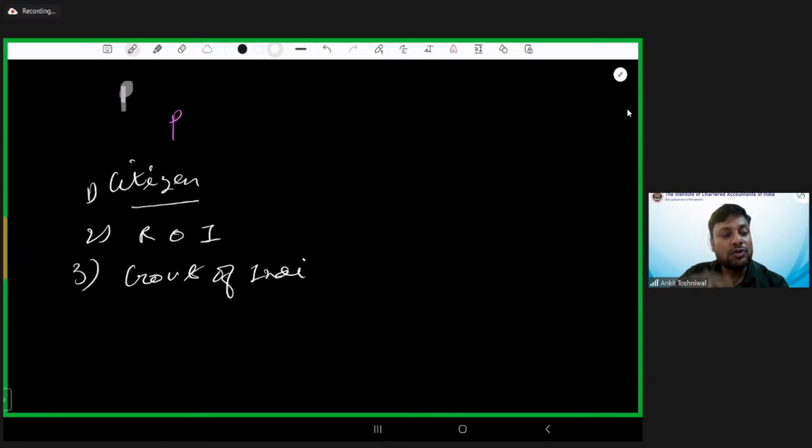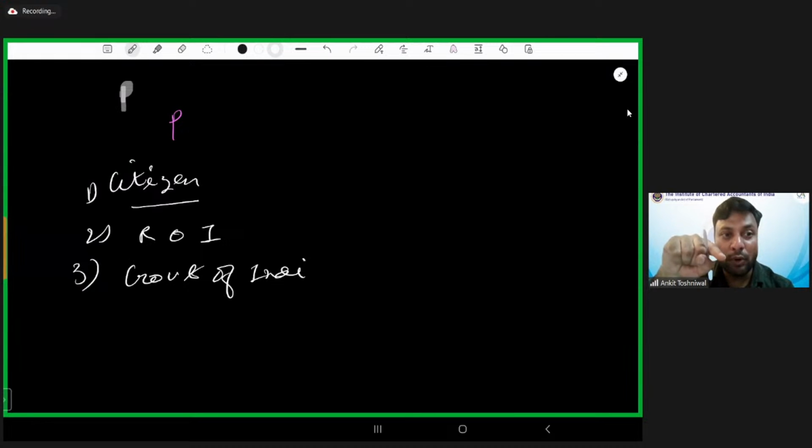So if a person is a citizen of India who renders service outside India and who is appointed by the government of India, in that case his salary is always deemed to accrue or arise in India. If the salary is received from the government of India, it is always deemed to accrue or arise in India, correct?